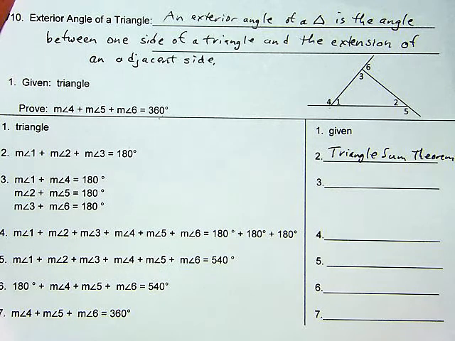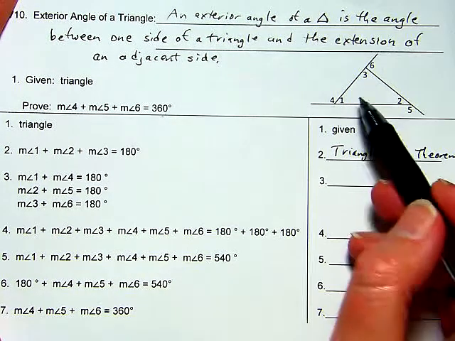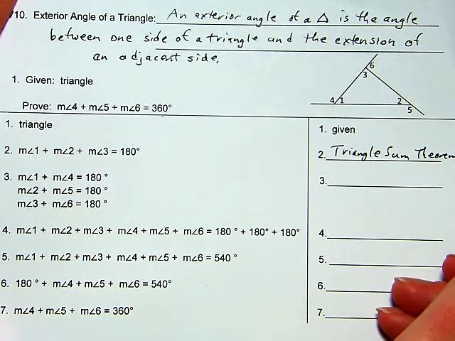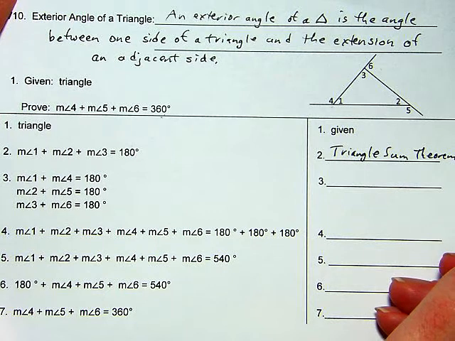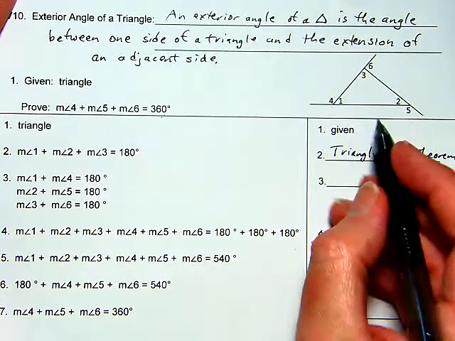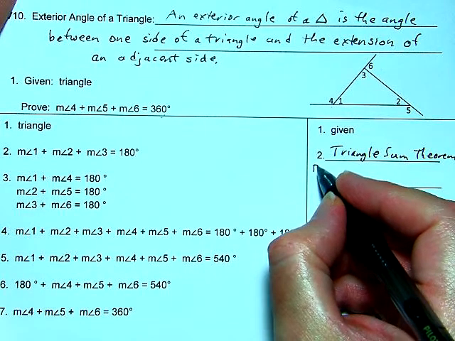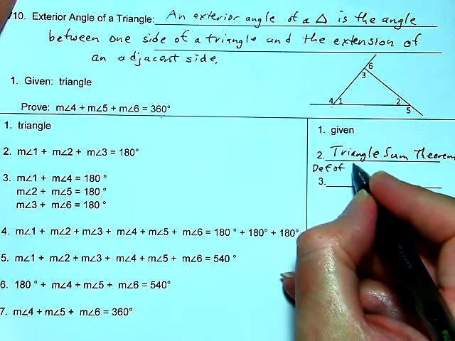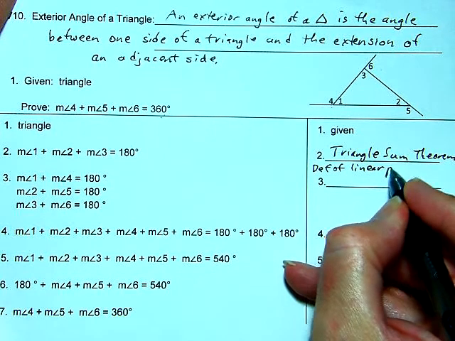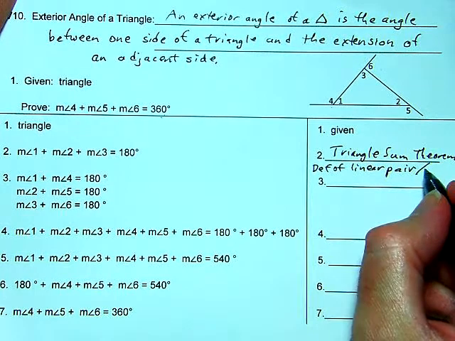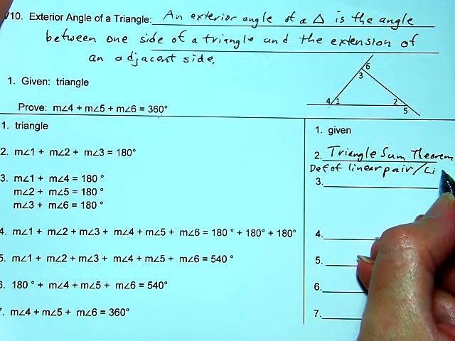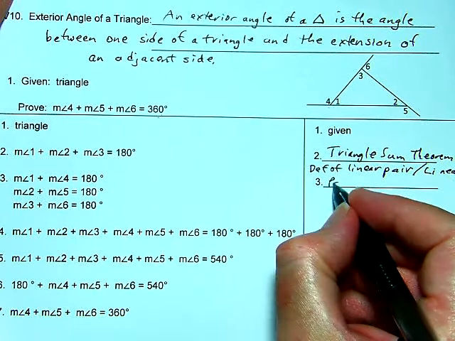And then, now that we know that each of these pairs of angles is a linear pair, we also know that by the linear pair postulate, they are supplementary. And then by the definition of supplementary angles, they add up to 180. So a couple of steps were compressed into this. So we could say that we started with the definition of linear pair. Then we went on to the linear pair postulate.